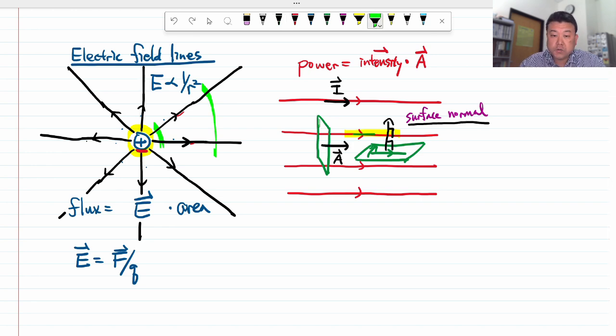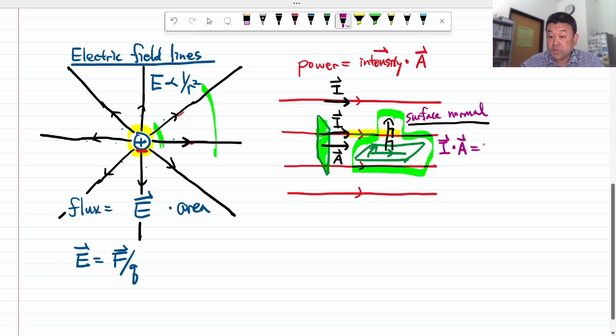In the situation where the surface is perpendicular to the light, so we get the maximum power going through, I dot A will be at maximum because they are parallel. And where the surface is parallel to the direction of the light rays, the dot product I dot A will be 0 because they are perpendicular. So this precise mathematical description gives physically reasonable results.